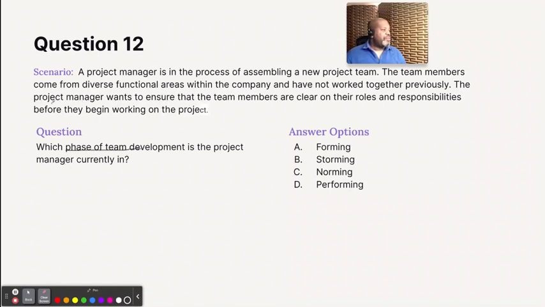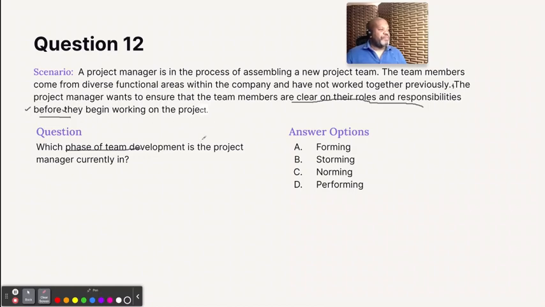Let's see, we're going to read the last statement in the scenario. The project manager wants to ensure that the team members are clear on their roles and responsibilities before, I love that, before they begin working on the project.